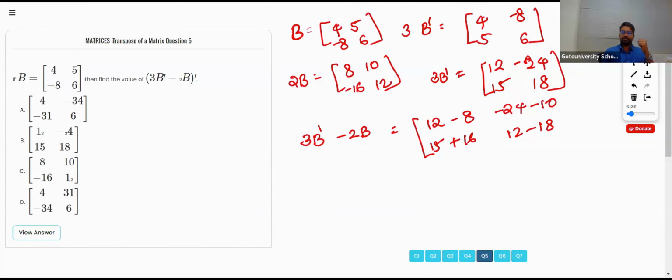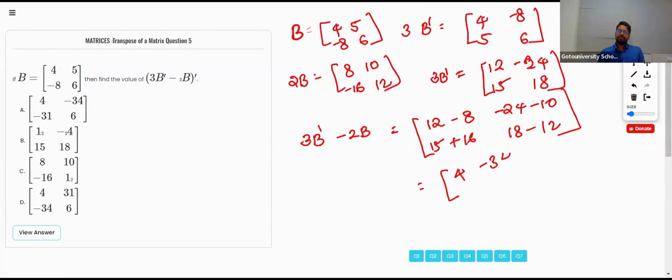Sorry, this is 18 minus 12. Let me erase this better. It is 18 minus 12 in this order only, right? So minus 24 minus 10, every order is correct. 12 minus 8, 15 minus 16. Now we have not reached the answer yet. This is 4.